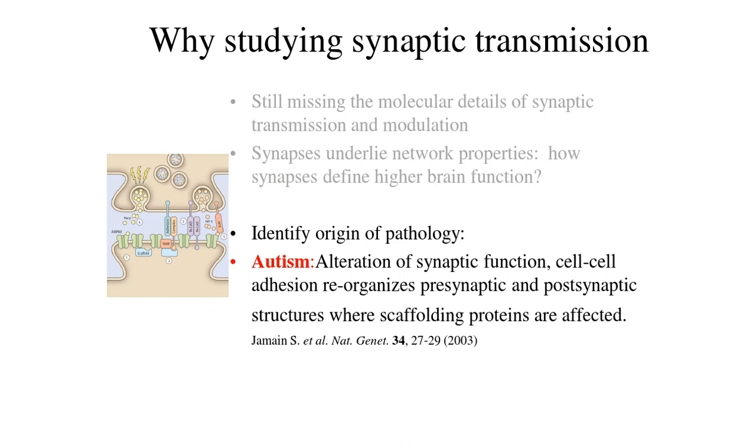Interestingly, it is now possible to link molecular events to pathology. So let's take, for example, autism. Autism has been found recently to be due to an alteration of molecules, leading to a reorganization of the presynaptic versus the postsynaptic side, and specifically some proteins are affected, which are called scaffolding proteins, located here in this region.